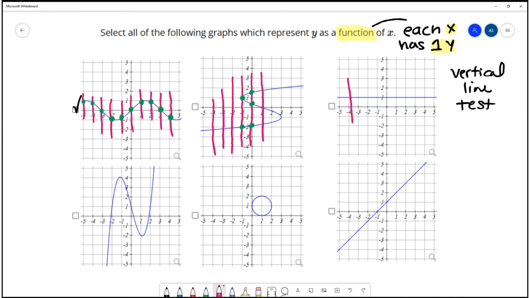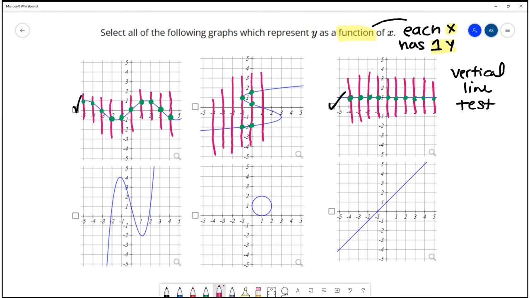Let's try the next one. I'll draw vertical lines and pay attention to the intersection points. Each vertical line only has one intersection point. So this is the graph of a function, and we're going to select this one.